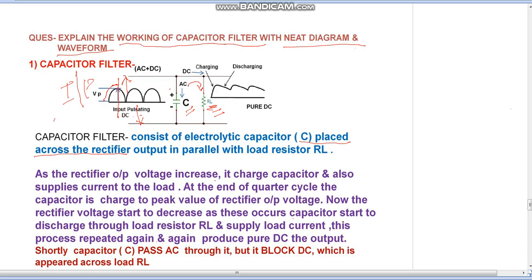As this occurs, the capacitor starts to discharge through the load resistor RL and supplies load current, and this process is repeated again and again, so we will get the pure form of DC at the output.